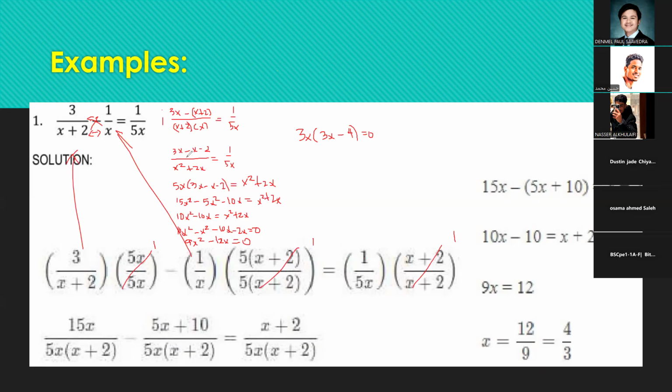It's just that it did that so that it would be able to come up with one single common denominator, which is 5x times x plus 2. So we can just remove it as it is, and then retain the numerator. So it's now 15x minus 5x plus 10 is equal to x plus 2.